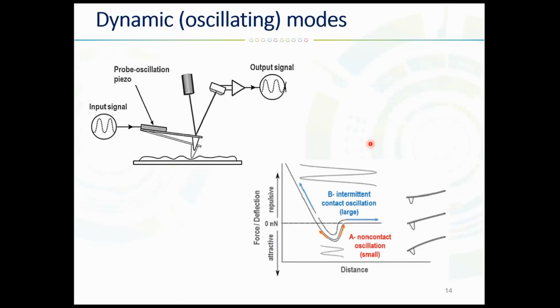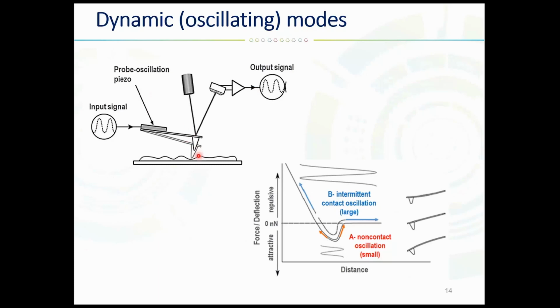And now we are going to dynamic or oscillating modes. There is a huge number of dynamic modes, however, all these modes are just variations on the topic. The cantilever oscillates, usually moved by a piezoelectric element, and usually at its resonant frequency.